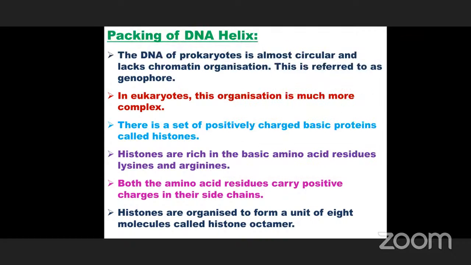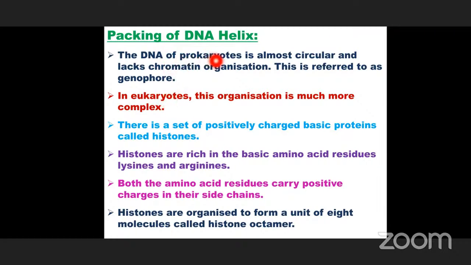Okay, in the case of eukaryotes, the organization, meaning the packing of DNA, is more complex. There is a set of positively charged basic proteins called histone proteins present in eukaryotes. Listen carefully.